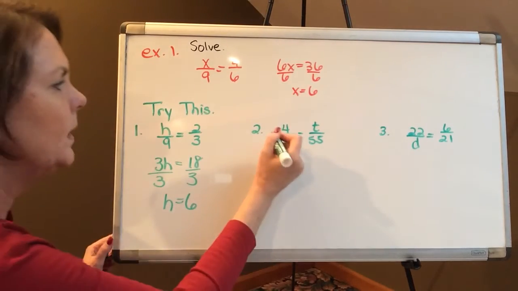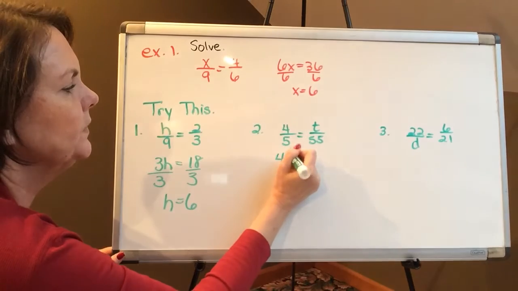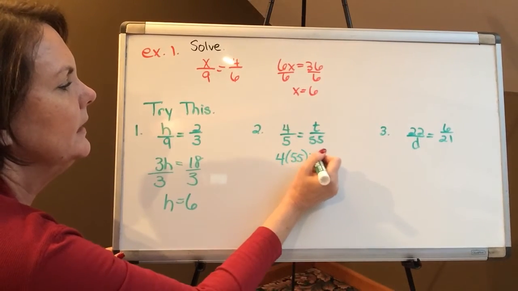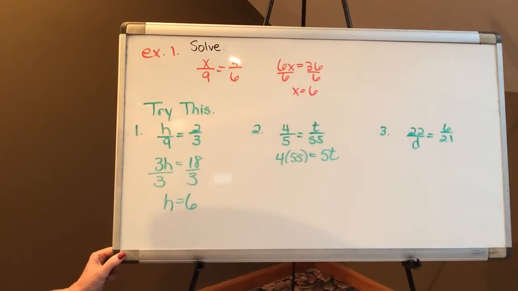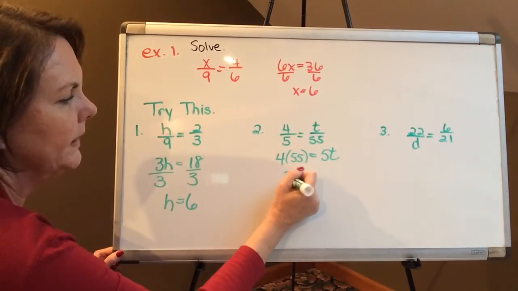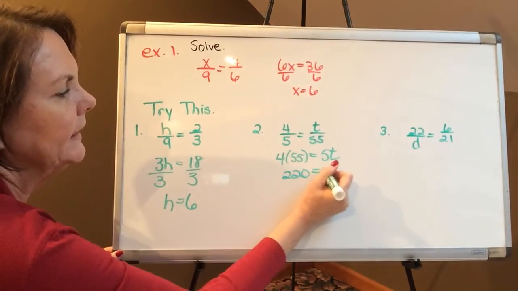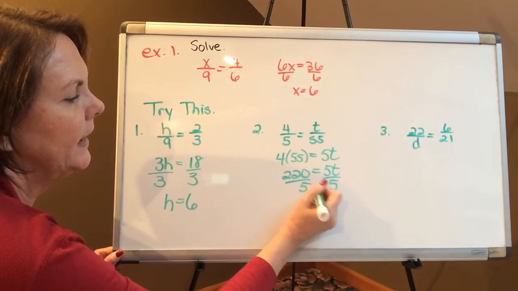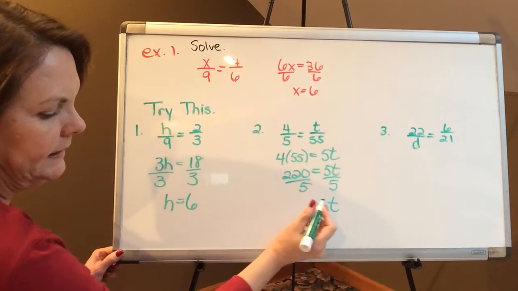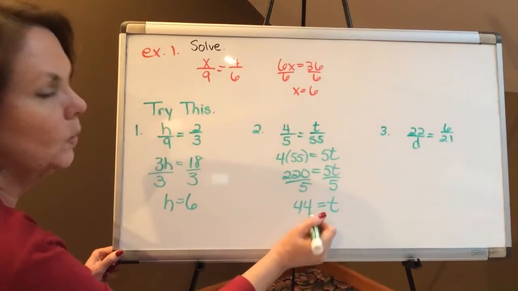Okay, look at the next one. 4 times 55, I'll write that one out, equals 5 times t is 5t. And 4 times 55 is 220 equals 5 times t, and then divide both sides by 5, and t equals 44.